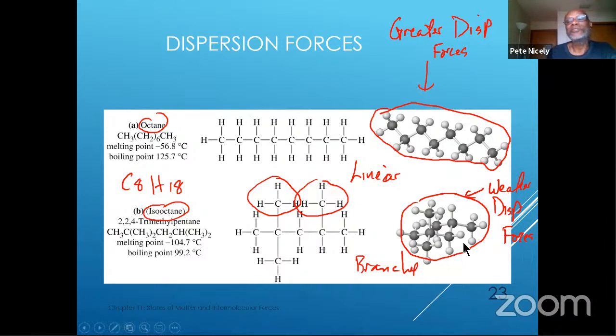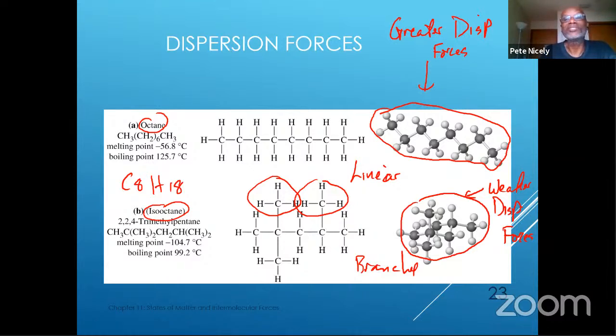So therefore, what you'll find is that the melting point and the boiling point of octane, because of the stronger dispersion forces, would be greater compared to the boiling point and melting point of isooctane, because the dispersion forces will be weaker in that particular molecule, all right?